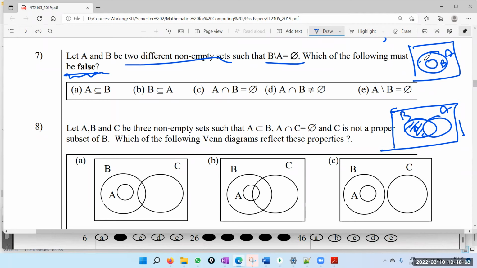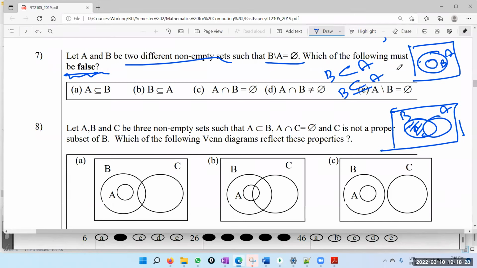Yes, that is also possible, right? B must be a proper subset of A, or B must be a subset of A. For when B equal to A, B minus A is 5.